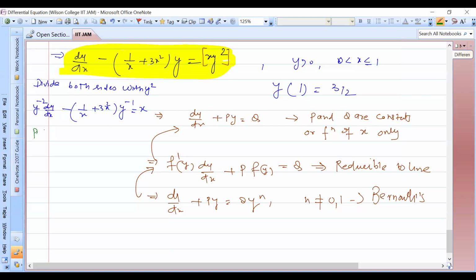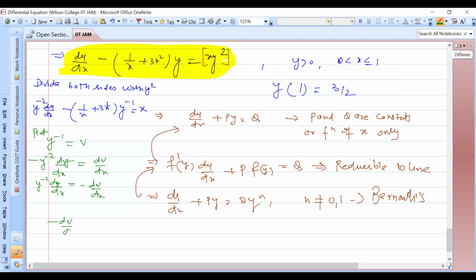So we put here y raised to minus 1 equals v, so minus y raised to minus 2 dy by dx equals dv upon dx. Or this is y raised to minus 2 dy by dx equals minus dv upon dx.